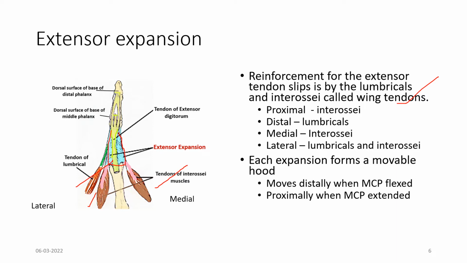So try with the flexion of the metacarpophalangeal joint and extension of the metacarpophalangeal joint in your hand or a finger, and see that it moves distally when it is flexed and proximally when the metacarpophalangeal joint is extended.